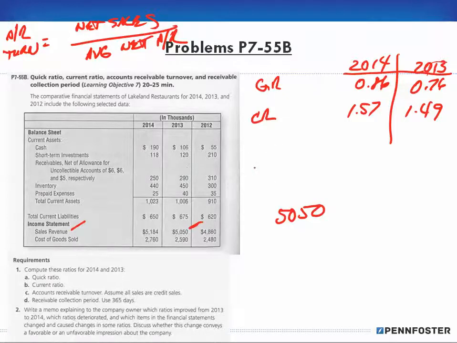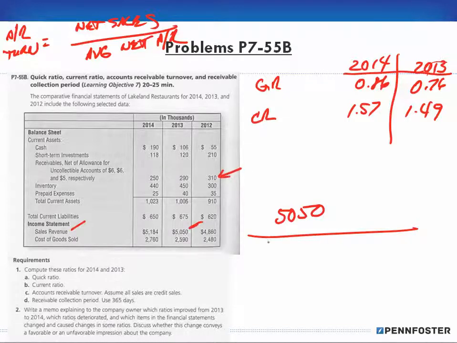Our average net accounts receivable is going to be, right, we need our beginning accounts receivable, which is this 300 from 2012. Remember, the end of 2012 is the beginning number for 2013, right? Picked the wrong numbers. 310, sorry.